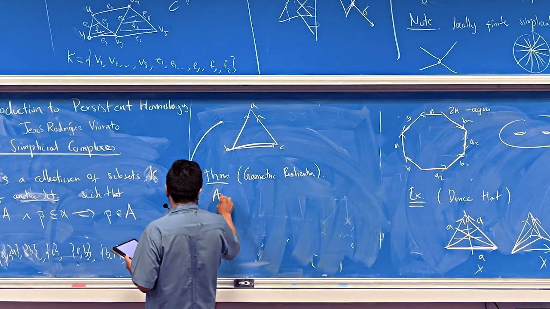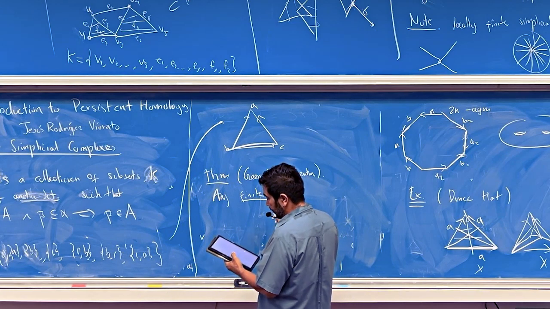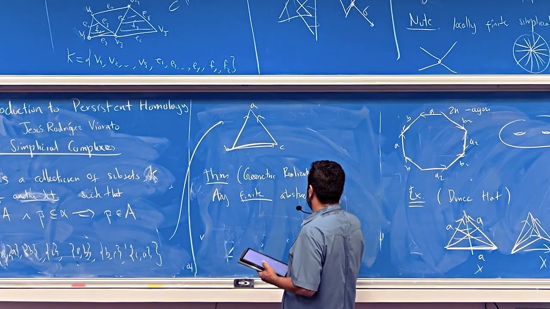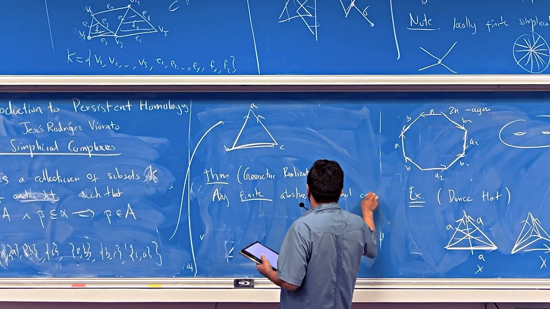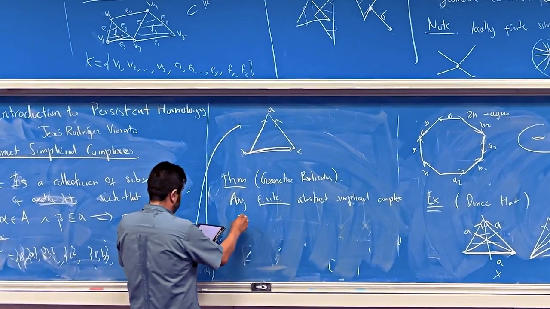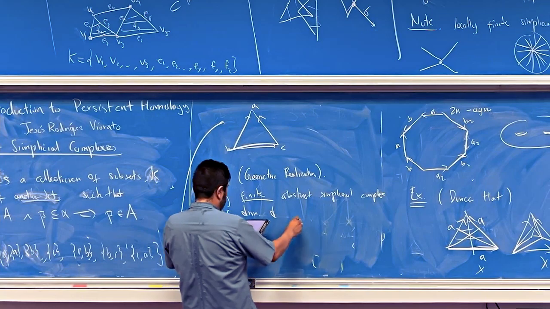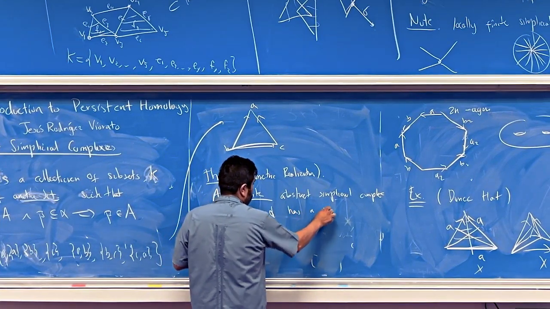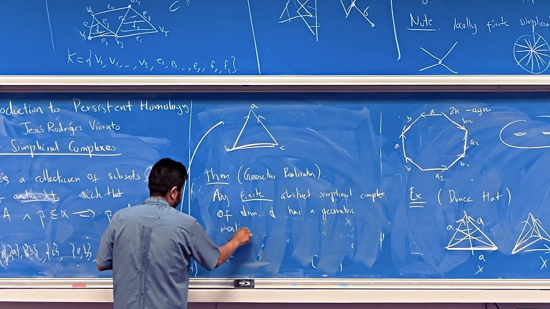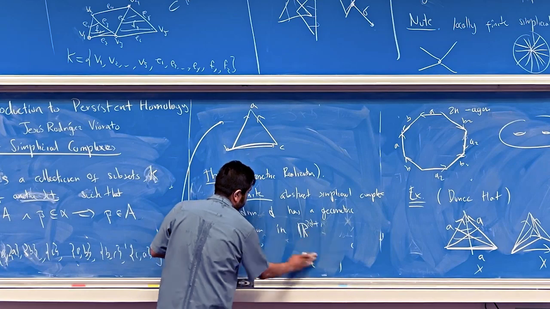I'm going to leave it just for finite abstract simplicial complexes. An abstract simplicial complex of dimension d has a geometric realization in R^(2d+1).